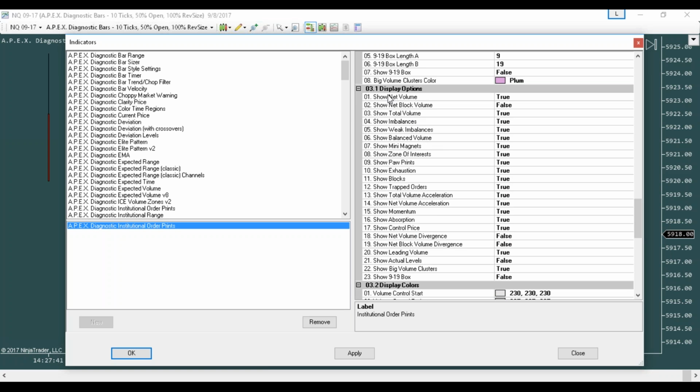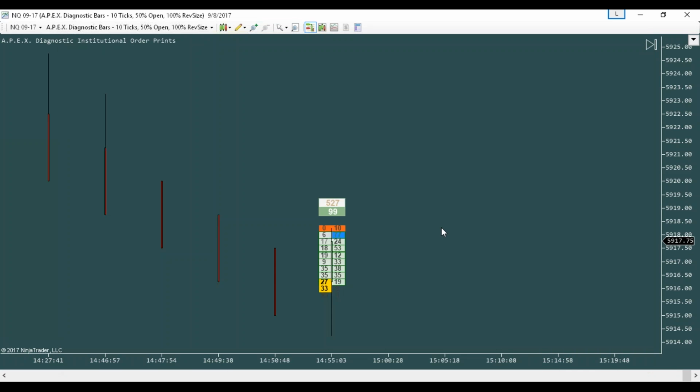Right here under display options, where it says show balanced volume, those black numbers are considered balanced volume. Just make sure you also have that set to true. Make sure you didn't set something to false by accident, okay? Try that, and if you're still having issues, just shoot us a help desk ticket, and we'll get it fixed for you. Okay, you got it. That's it. Perfect.